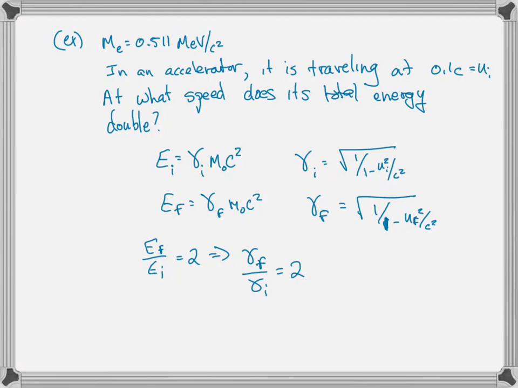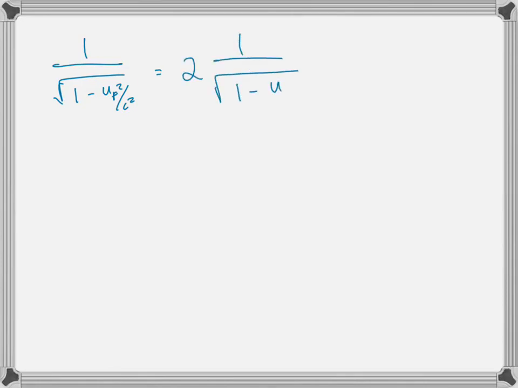If we just do that math, we can figure out that gamma final must be 2 times gamma initial, and we can go ahead and start plugging in: 1 over the square root of 1 minus u final squared over c squared is equal to 2 times 1 over the square root of 1 minus u initial squared over c squared.